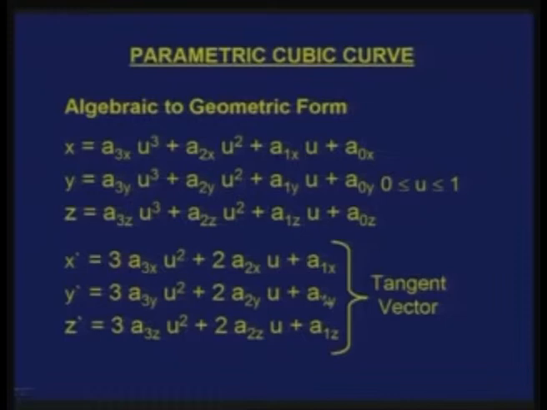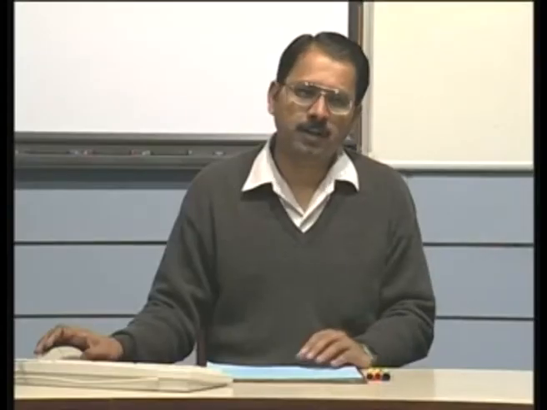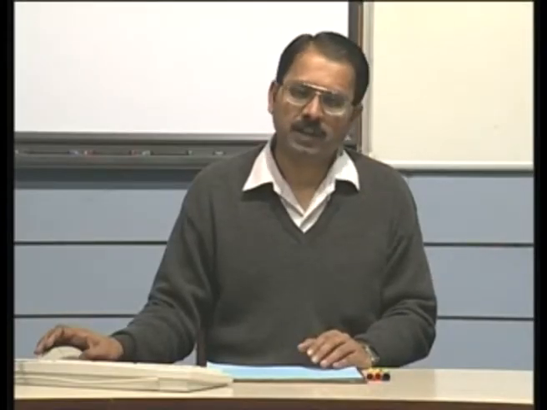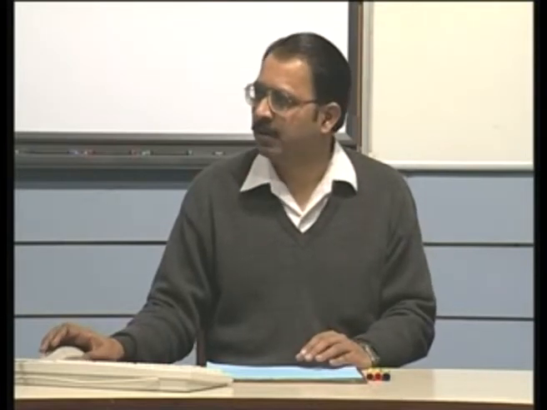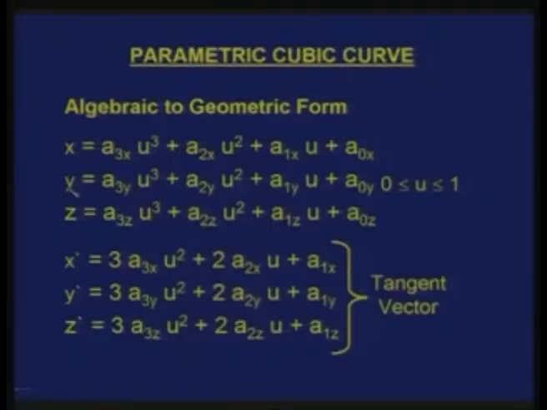Now, in geometric form of parametric cubic curve, instead of giving 12 unknowns as we do in algebraic form, you specify 2 points through which the curve is passing, the starting point and end point. If I specify the starting point, that means I know the x, y, z values corresponding to u equal to 0. Then I also specify the end point where the curve is ending.